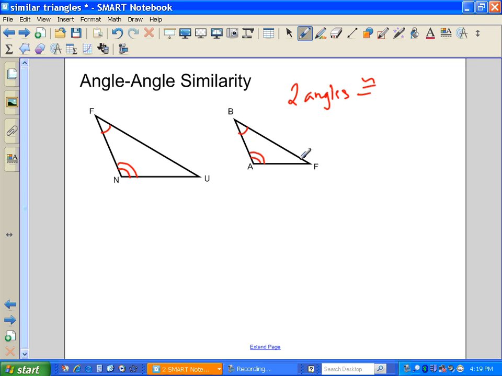If that's the case, then we have enough information to say that triangle FUN is similar to triangle BFA by the angle-angle similarity theorem. Remember, same shape, different size. That's what we're looking for in similarity.